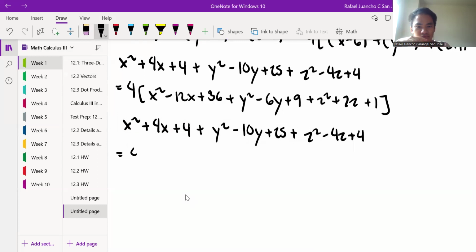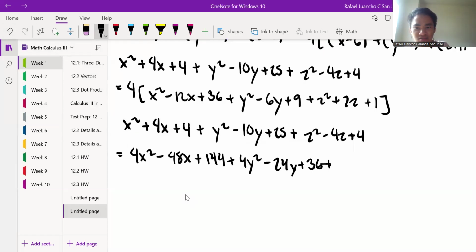And then this is equal to 4 of each of these. 48x, 36 times 4. Not good with math, but okay. So I have a calculator. Or y squared minus 24y plus 36. 4z squared plus 8z plus 4.